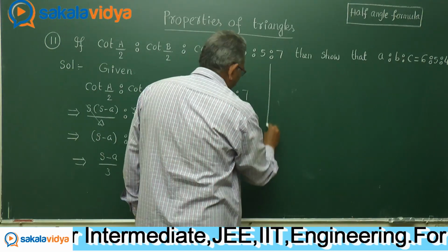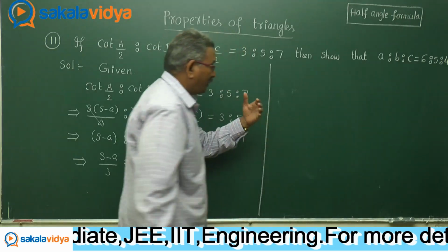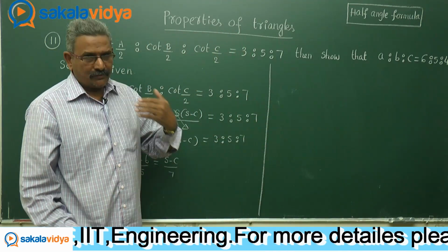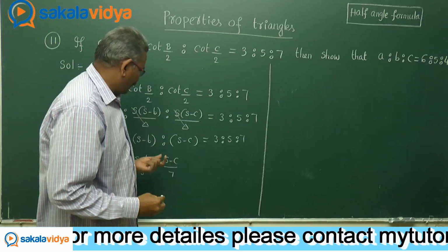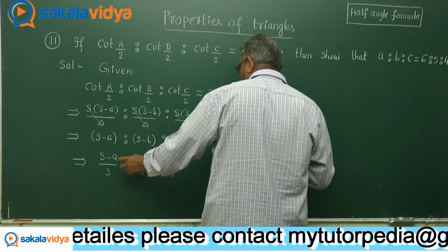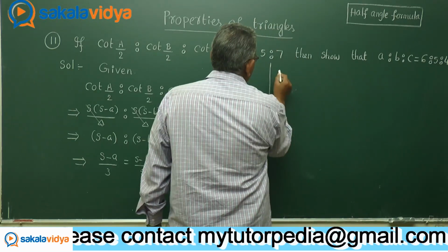To find the values of a, b, c, let us consider some constant for each ratio.